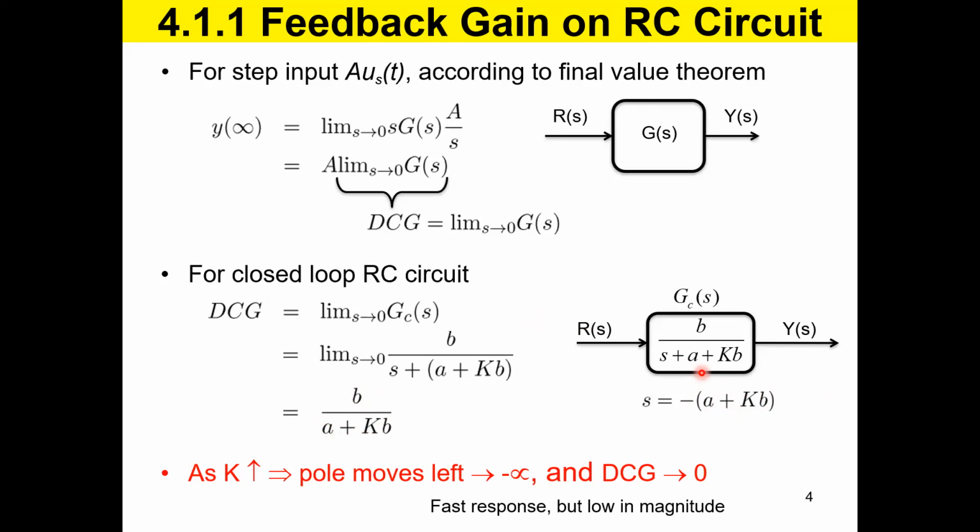So when you have poles located far from the origin into the negative infinity, you know it is fast poles, very quick response. However, the DC gain will be very, very small. So therefore, you don't see a significant response coming out of the plant. Even though whatever small response comes quickly, very fast response, but it's not big enough.